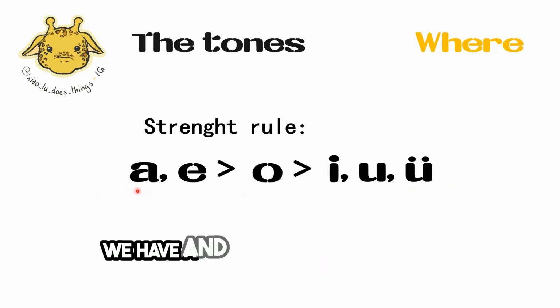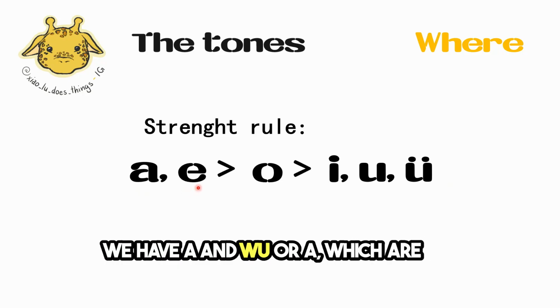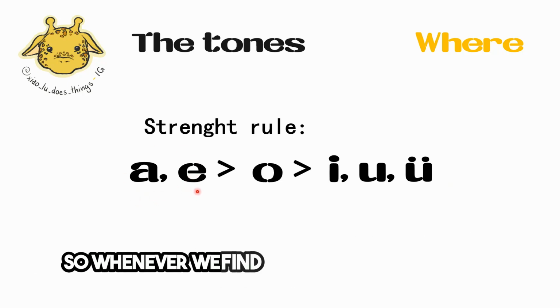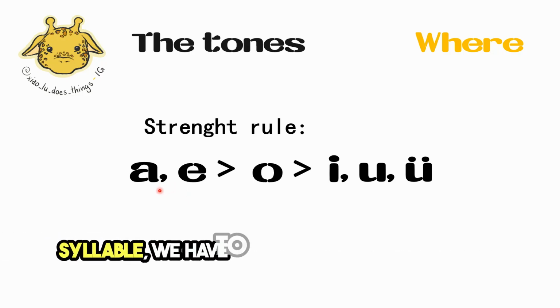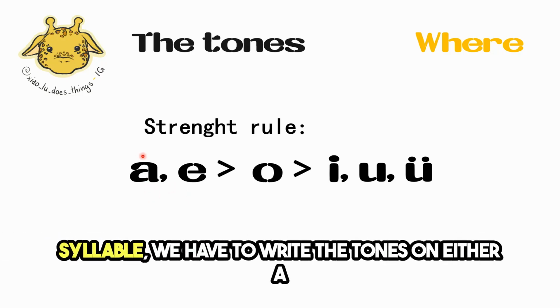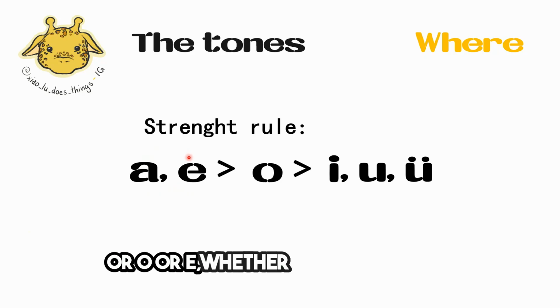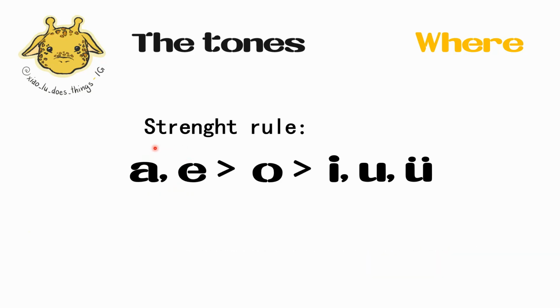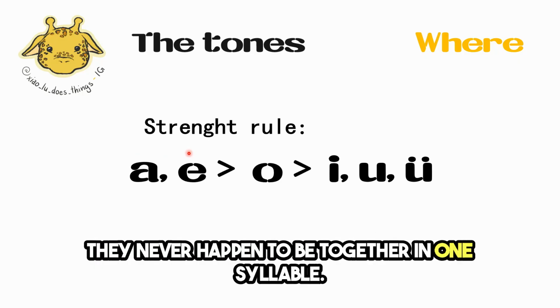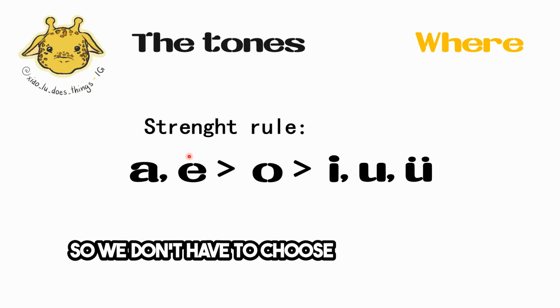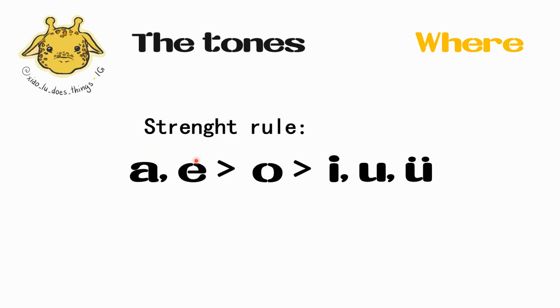We have A and U or E, which are the strongest. So whenever we find one of these two in one syllable, we have to write the tone on either A or E, whichever is pronounced. They never happen to be together in one syllable, so we don't have to choose between one or the other.